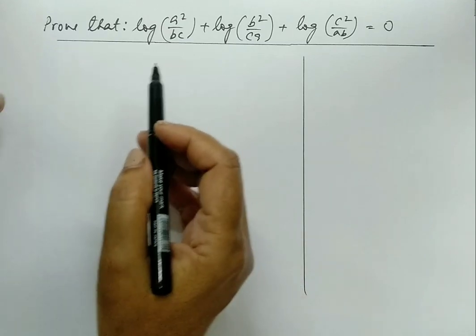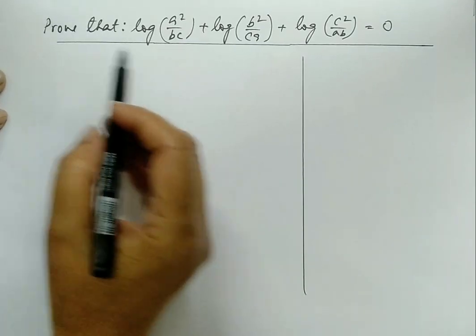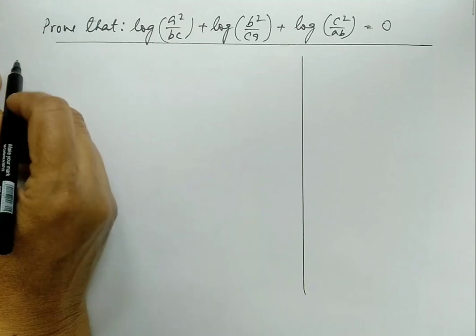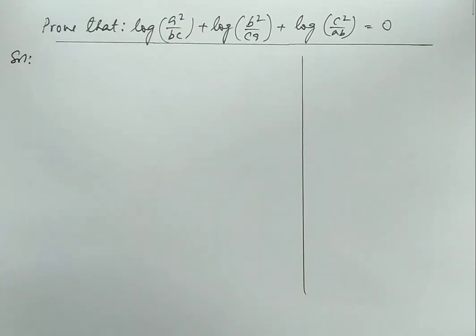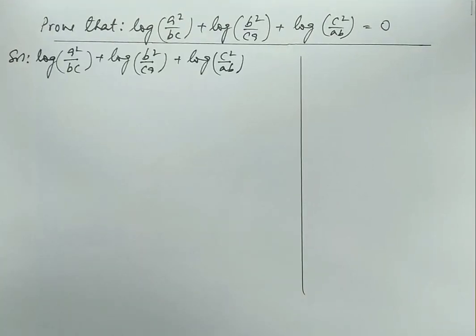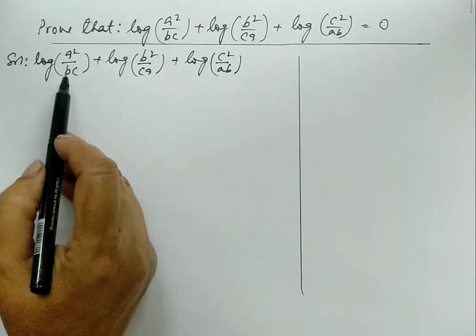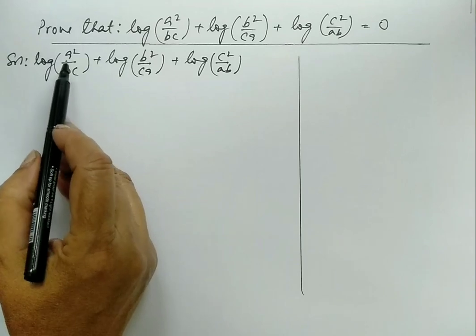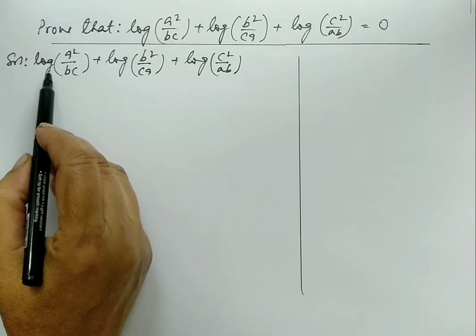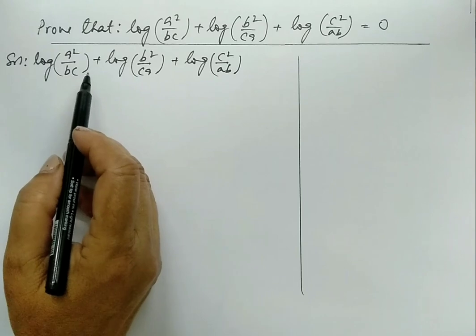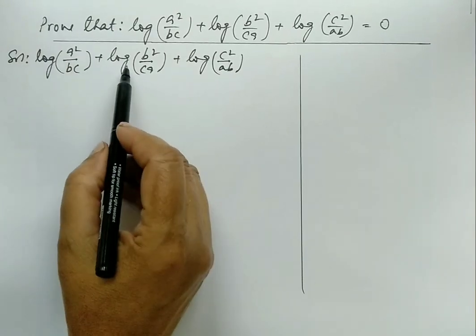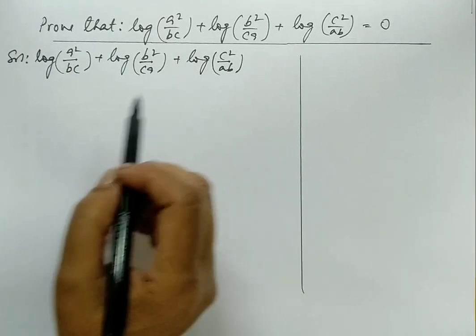Okay, so first the longer process. Let me just bring this over here so that we can begin. Since you know that this is log m upon n, we write log m minus log n. The same we do to the other two as well.